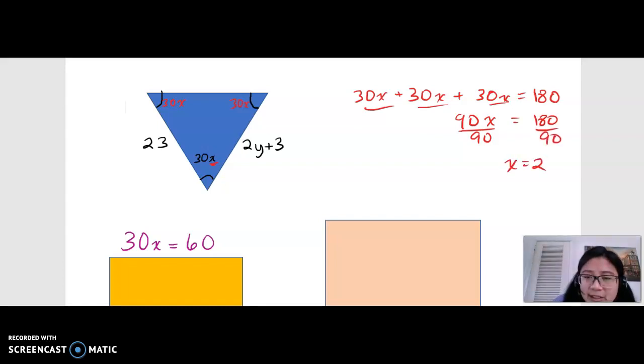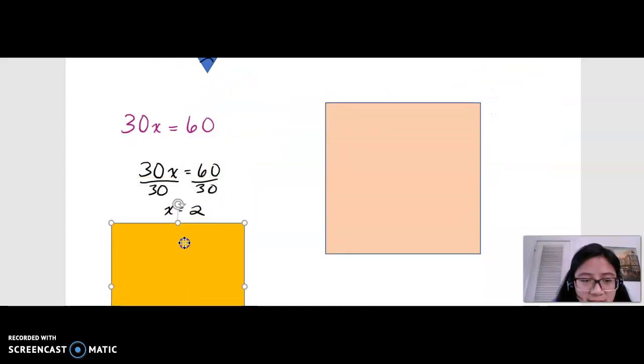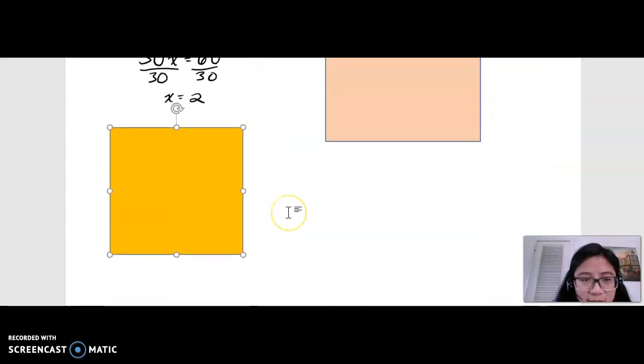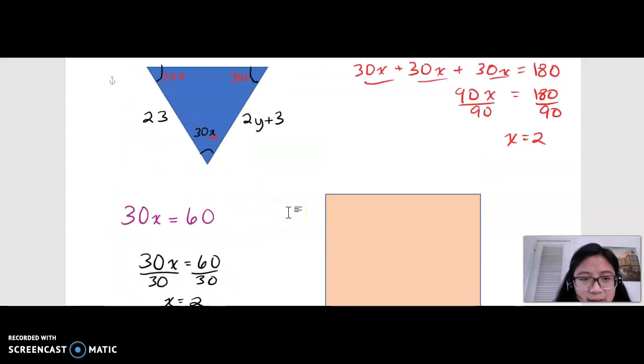It would still give you the same answer, but you have that added step of adding everything else. In order to find out the answer, you would just end up with x is equal to 2.